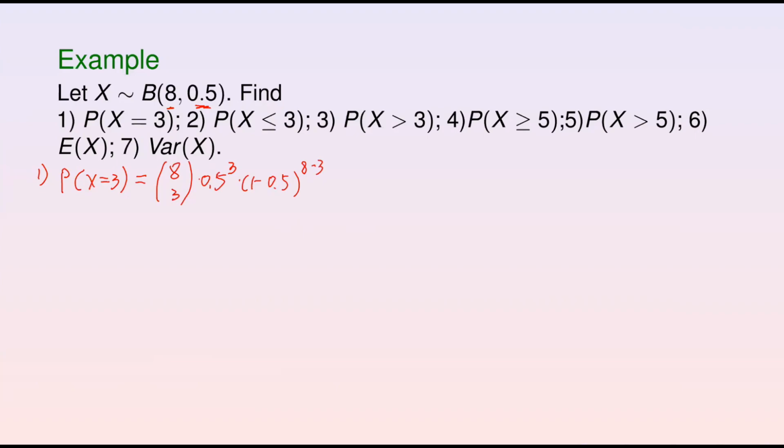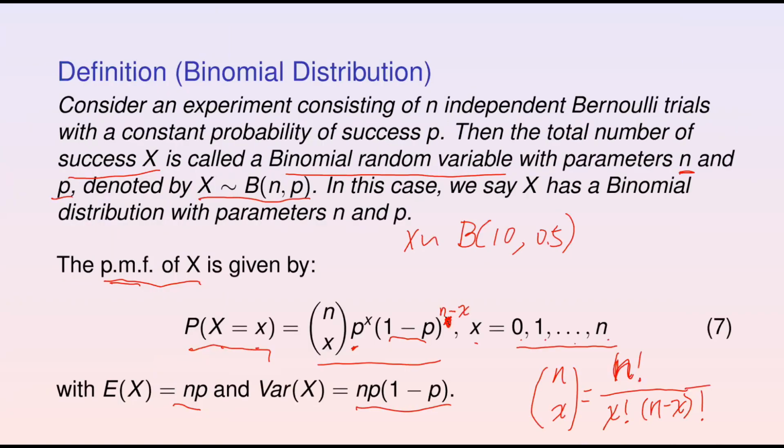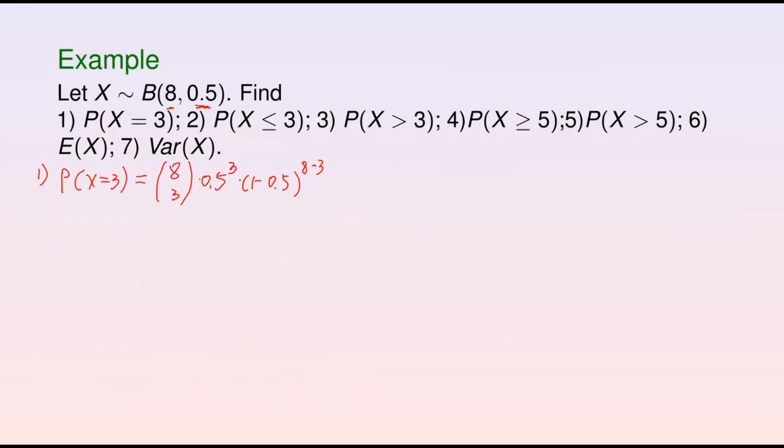By the PMF formula, the probability of x is n choose x, p to the power x, 1 minus p to the power n minus x. Make sense?